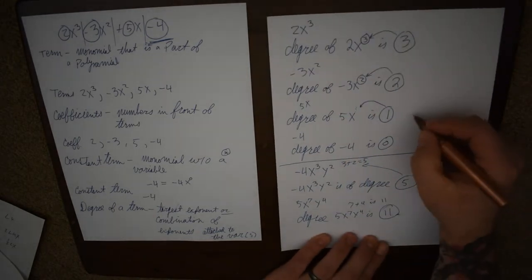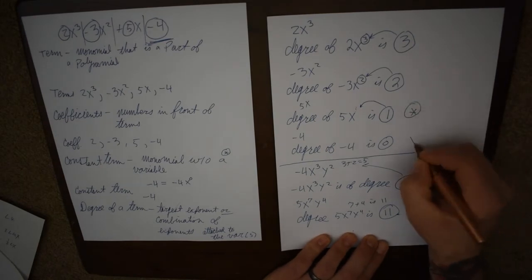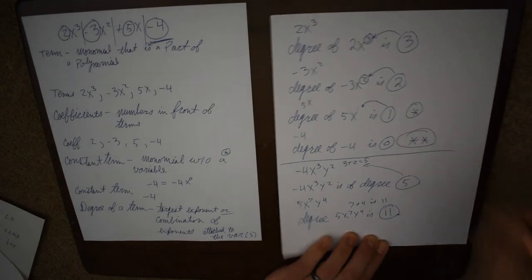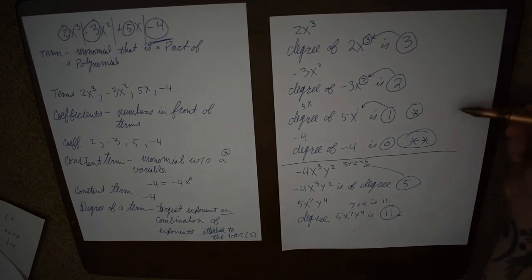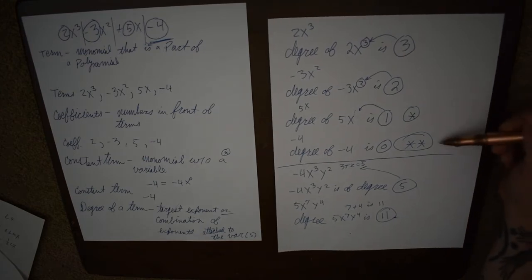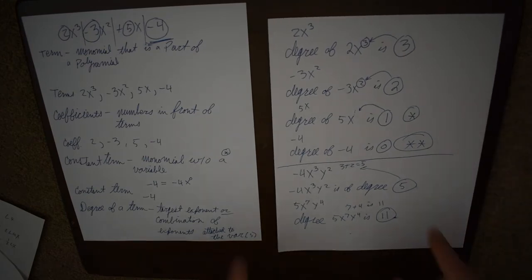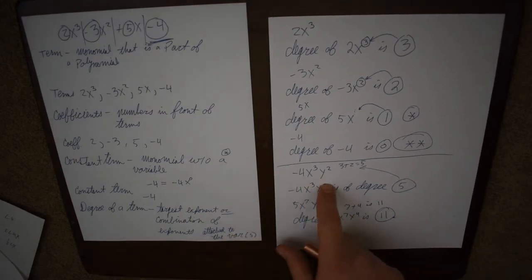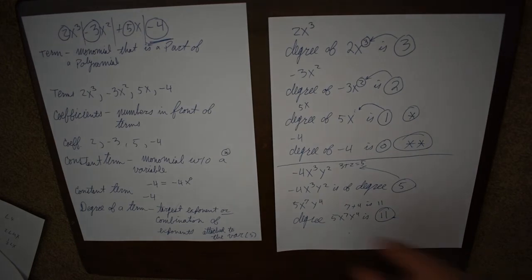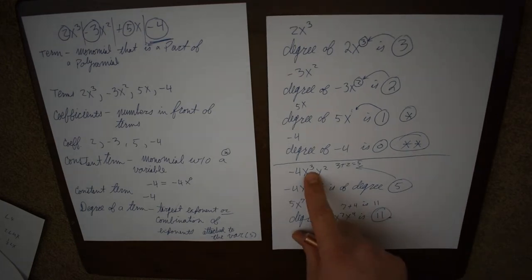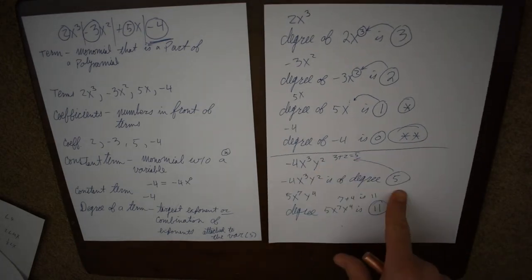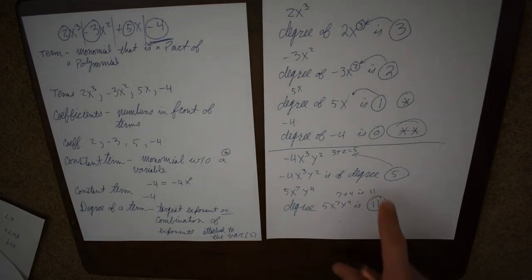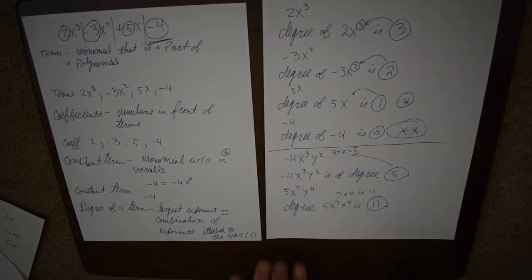Be careful with these two. If students are going to make mistakes, they're probably going to make a mistake here or here, unless we're dealing with polynomials that have multiple variables. And the degree of the monomial, well, you just add the exponents. 3 plus 2 is 5, so the degree is 5. 7 plus 4 is 11, so the degree is 11.